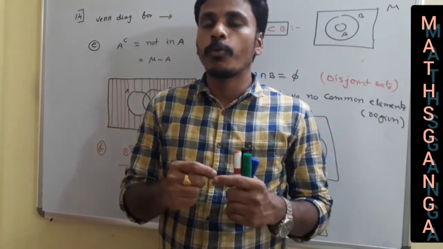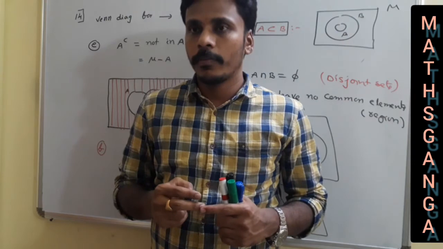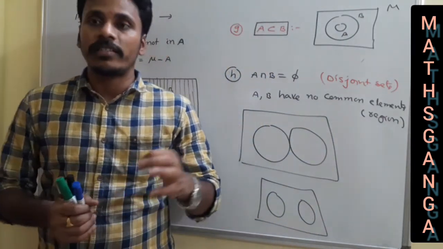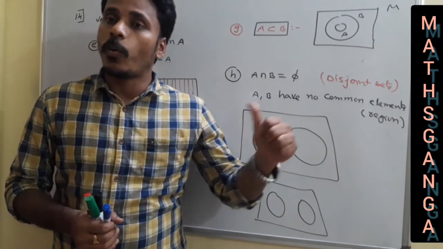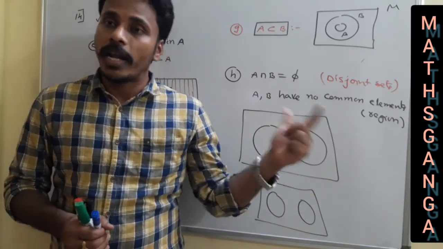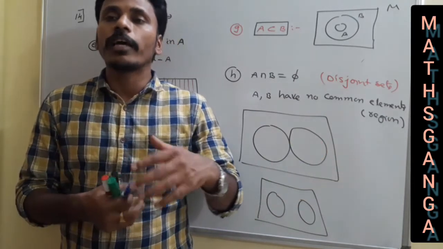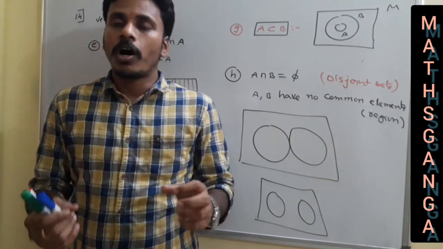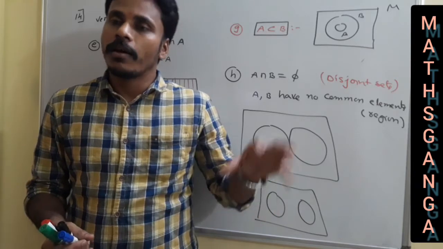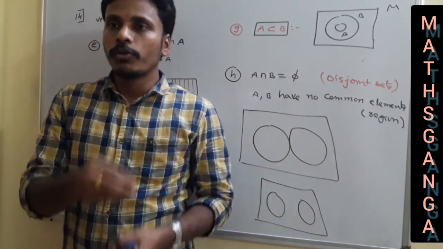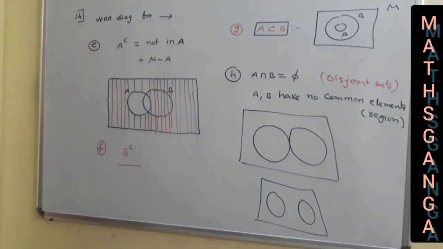Using Venn diagrams to prove the laws is the second way, and another way, the third way, is where we can use element-wise definitions. Using element-wise definitions, Venn diagrams, or listed elements, that means examples, we can prove different laws of sets. Already we know all these laws in the 11th point with the examples, and now I will prove some laws using these Venn diagrams. That comes under 15.